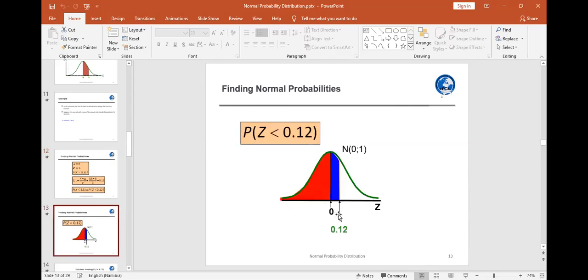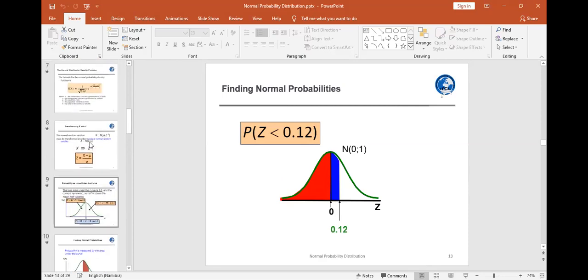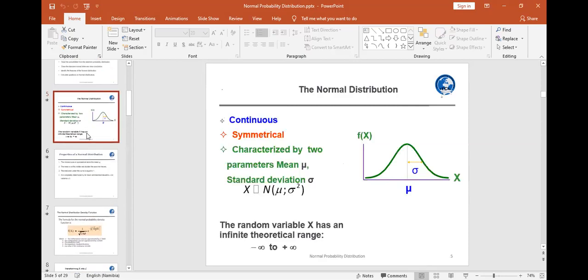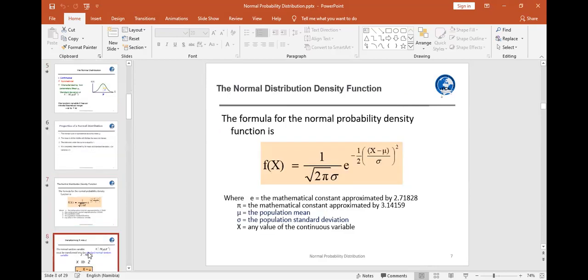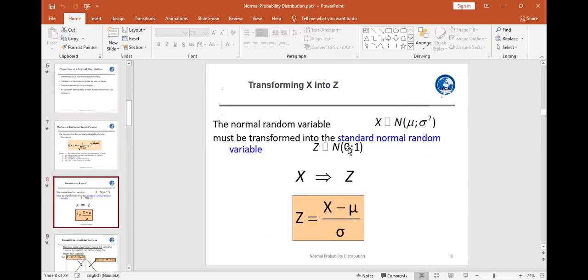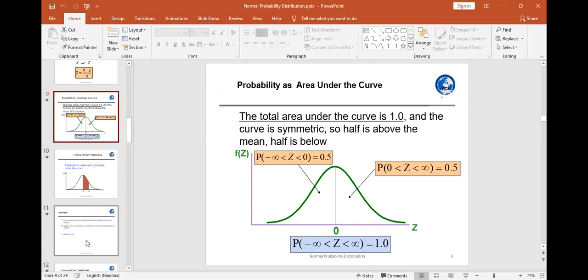So now to plot this one, remember the standard curve. The mean equals 0 according to this property. Remember, this is the mean. It's transformed to 0, so the center point is at 0.